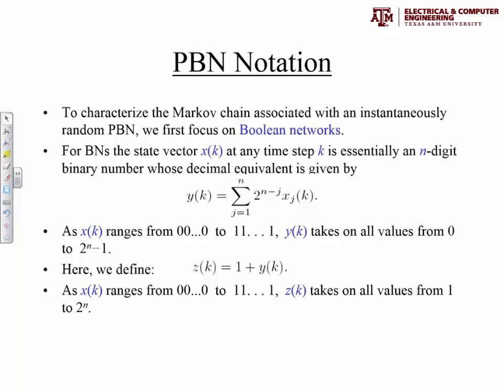Instead of working with these binary numbers, you could replace them by the decimal equivalent because it's a one-to-one map. Nothing changes. To do that, corresponding to each pattern, you calculate the corresponding decimal number and add 1 to it, because you don't want it to go from 0 to 2 to the power of n minus 1. You want it to go from 1 to 2 to the power of n. So as x_k ranges from all zeros to all ones, z_k takes on all values from 1 to 2 to the power of n.